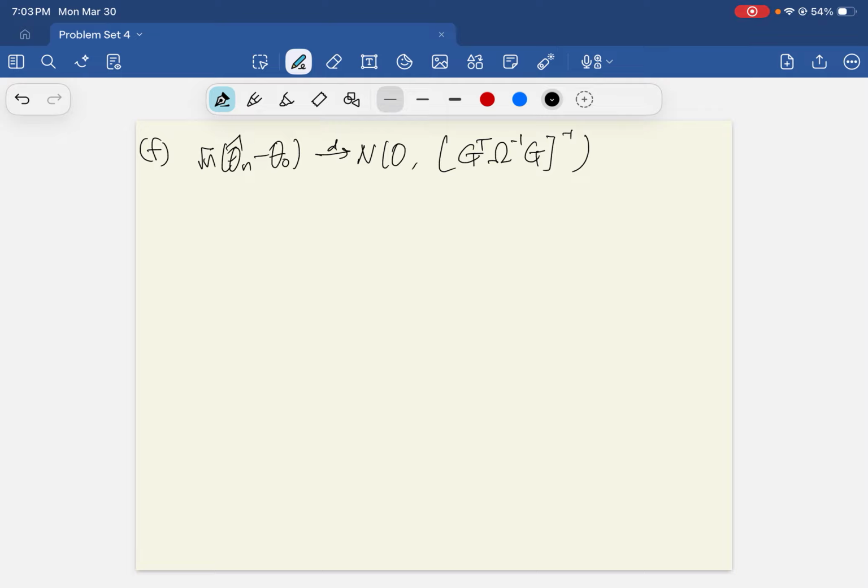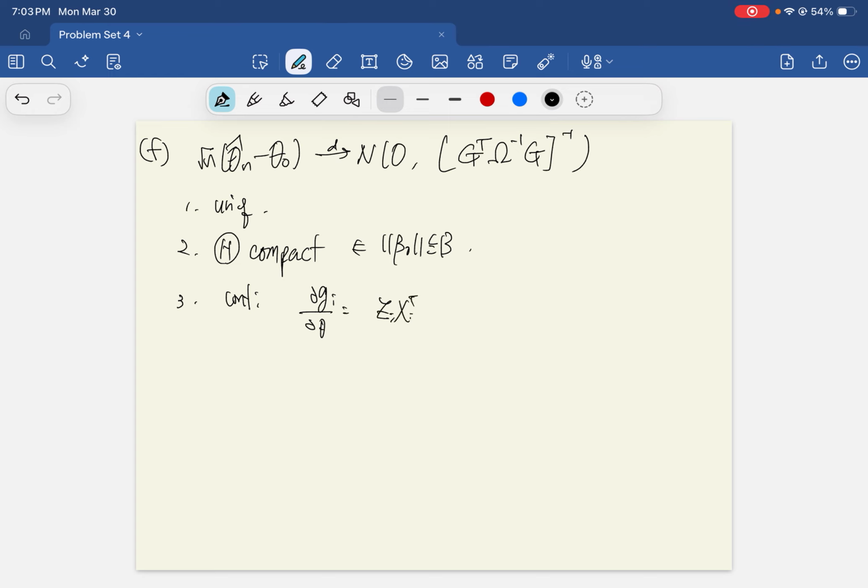So let's check the assumptions. First, unique solution. We did that. Second, theta is compact. It is implied by this assumption. And 3, continuous, obvious, because the derivative is zi xi transpose, so it is constant, so it is continuous.